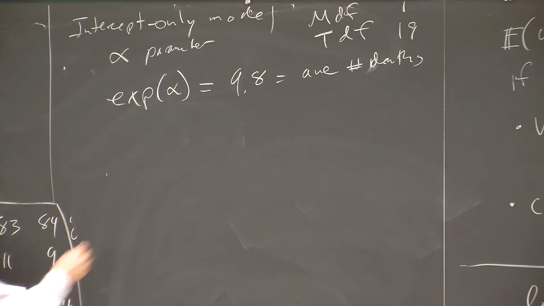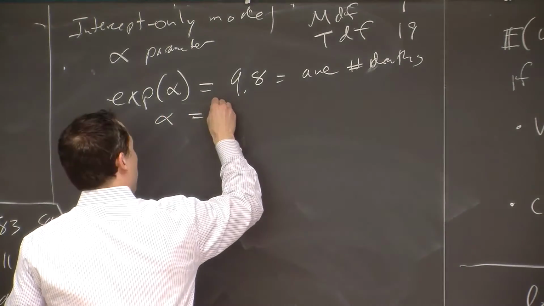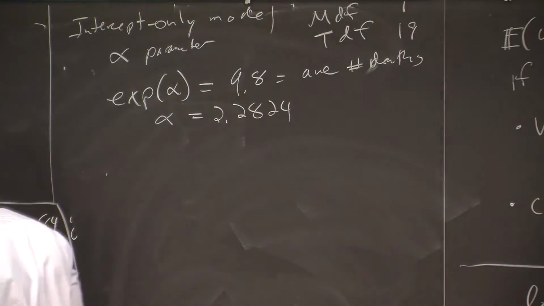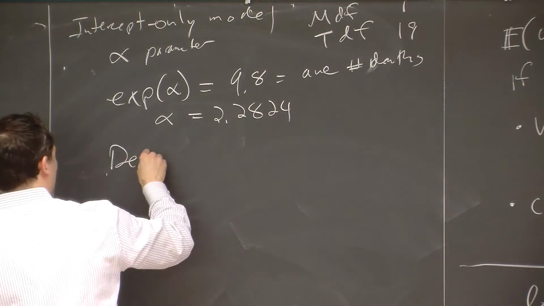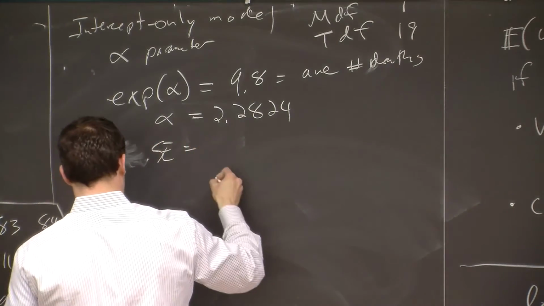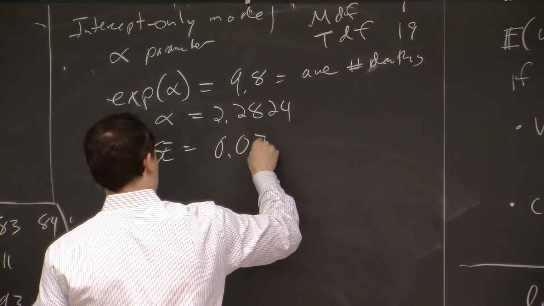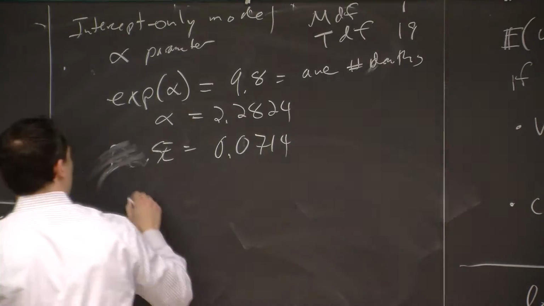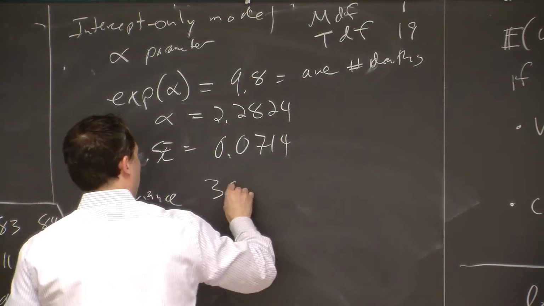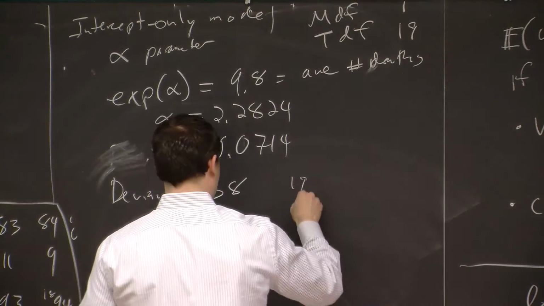And so alpha, and your software will agree with you, is 2.2824. The standard error is 0.0714, and the deviance is 38 on 19 degrees of freedom.